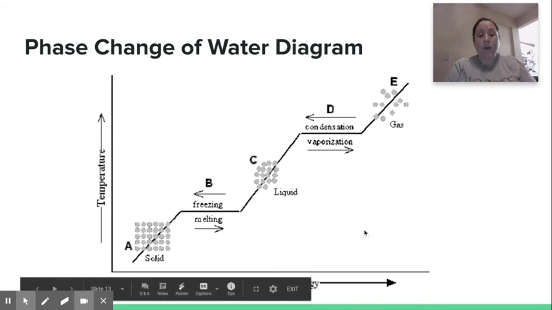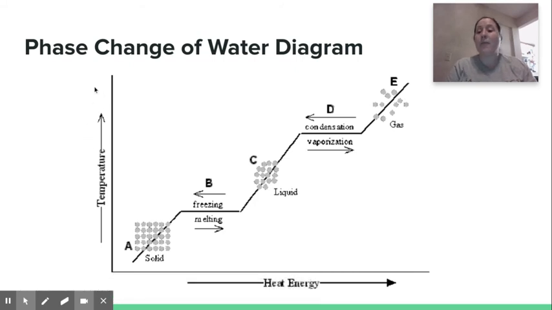So if we look at this, the x-axis is labeled heat energy, meaning over here near the origin, or near where the two lines intersect, there's very little kinetic energy or heat energy. But when we come over here towards the gas, there's going to be a ton of heat energy. On the y-axis, down here near where the two lines intersect, there's going to be very little temperature. And near the top, you're going to have your higher temperature.